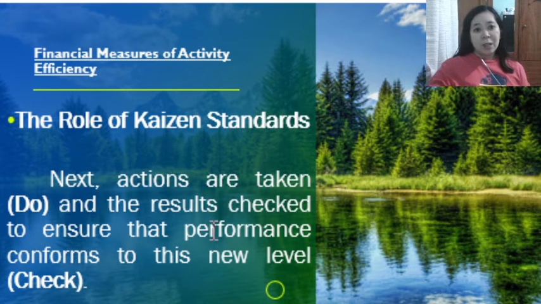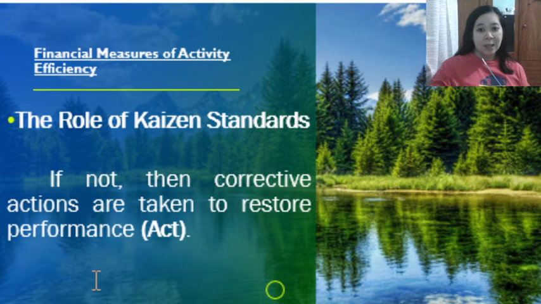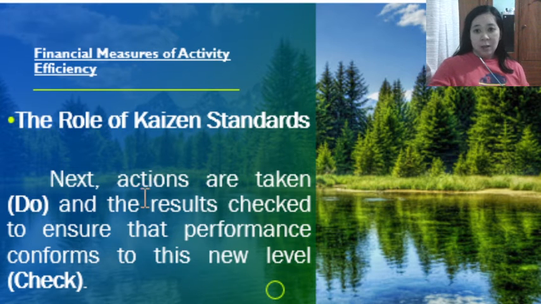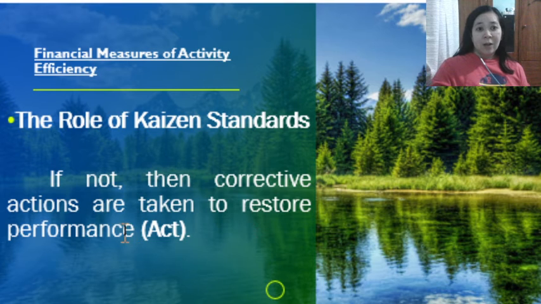And the results are checked to ensure the performance conforms with this new level, which is the check part of the sequence. And finally, if those do not conform with the new level, then corrective actions should be taken to restore the performance. That is the act part or stage of the sequence.